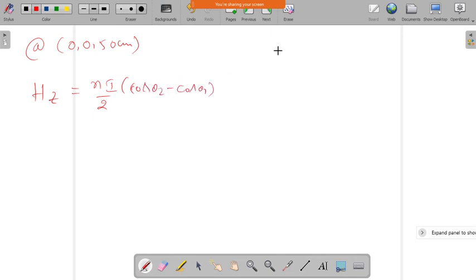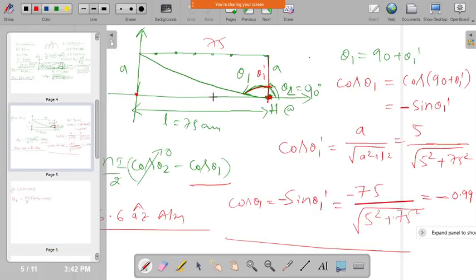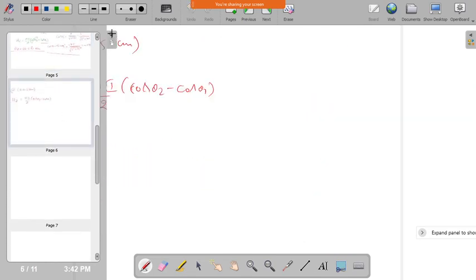So somewhere here exactly, if I take 50 centimeter, and this is A. Now at this point we have to find out what is theta 1 and theta 2. Now this is, sorry, this is theta 2 and this is theta 1, okay. So like that we need to find out what is the value.